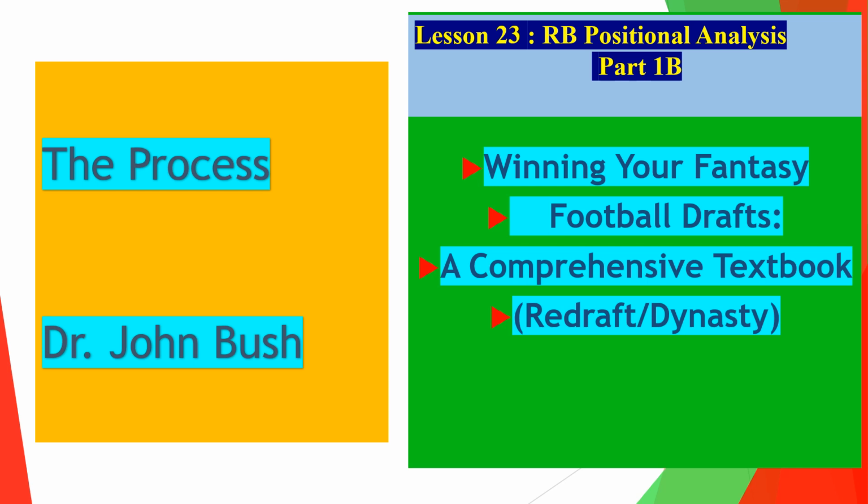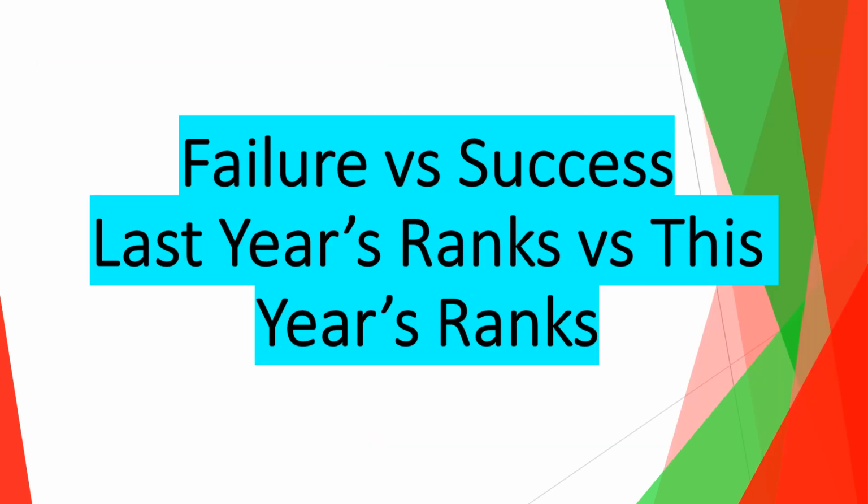So let's roll here. In the quarterbacks, I started this aspect looking at failures versus success using last year's end of season ranks and compared those players to this year's.